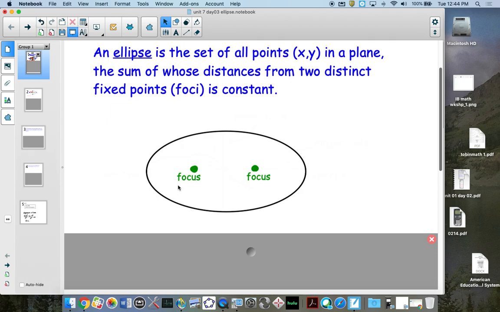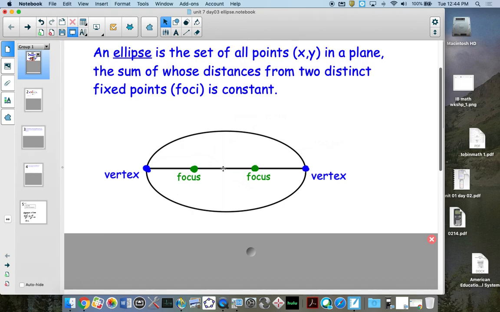And then if I draw a line through the foci, where that line intersects the ellipse, that segment is going to hit the ellipse at these 2 points, and those are the vertices of an ellipse.